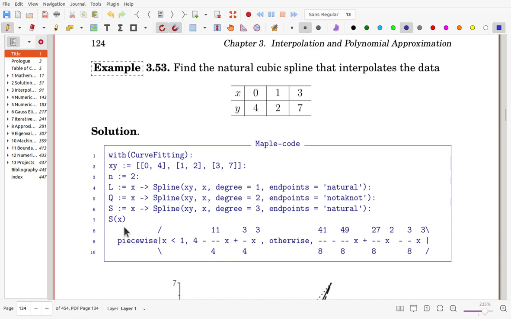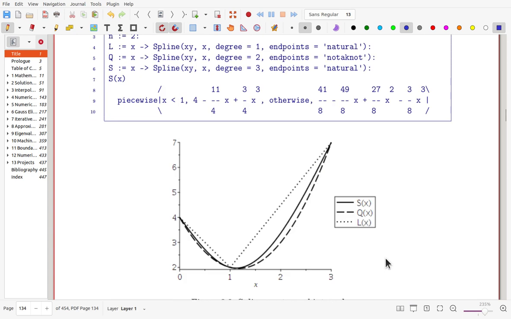And these are the cubic spline for the first subinterval and for the second subinterval. Okay. Here we have graph for linear, quadratic, and cubic splines. For this example, now cubic spline is the best. In most cases, cubic spline is better than quadratic or linear splines.